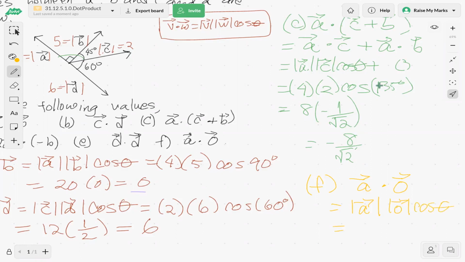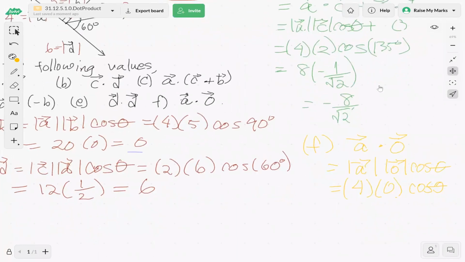Well, the magnitude of A we know is 4. The magnitude of the 0 vector is just 0. There's no real angle between the 0 vector and any other vector, but anything times 0 is just 0. So the dot product of A with the 0 vector is just 0.